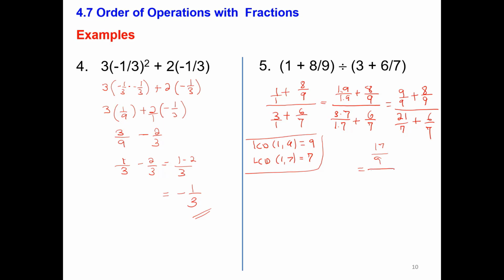This is what we have. Now let's solve what we have in the denominator. Then 21 plus 6 is 27. We add, and just keep the same denominator. Then now what we have to do is, remember, we can write this one as the same thing.